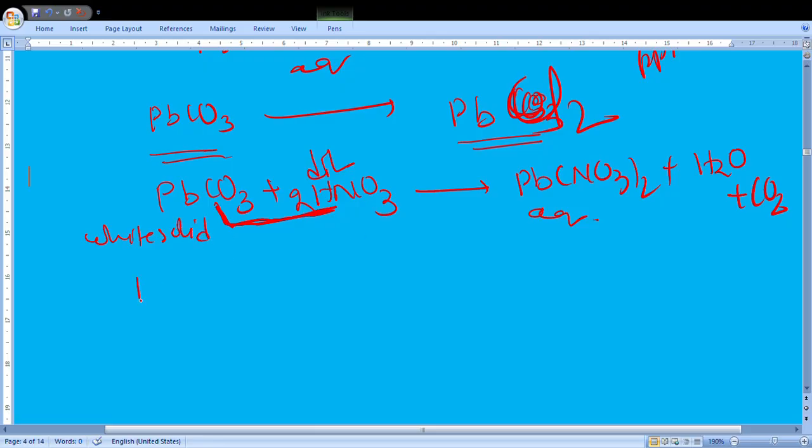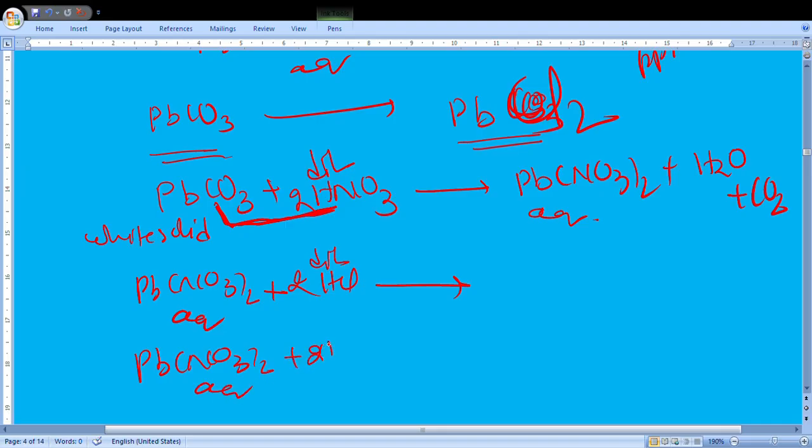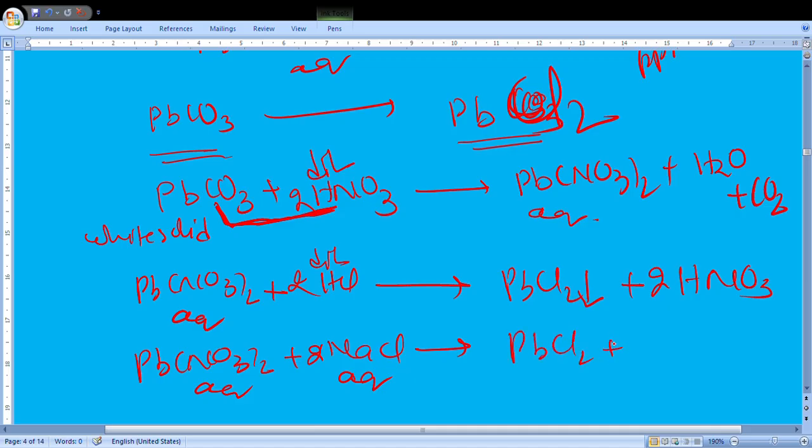So this aqueous Pb(NO3)2 will now be treated with either dilute HCl or NaCl aqueous to give rise to PbCl2 as a white PPT plus 2HNO3, or PbCl2 as a white PPT plus 2NaNO3 aqueous, isn't it?